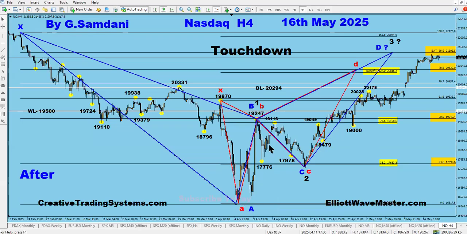So learn how to use the fib extension, expansion, and extension, all 3 styles, so that you can measure the harmonic patterns properly, and use the expansion for finding targets in Elliott wave, right? That's how I come up with my analysis. And more than 90% of the time, my analysis is right on the dot.